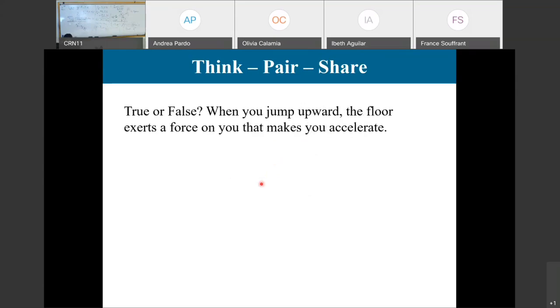True or false? When you jump upward, the floor exerts a force on you that makes you accelerate. When you jump upward, the floor, the ground, the Earth, exerts a force that makes you accelerate.